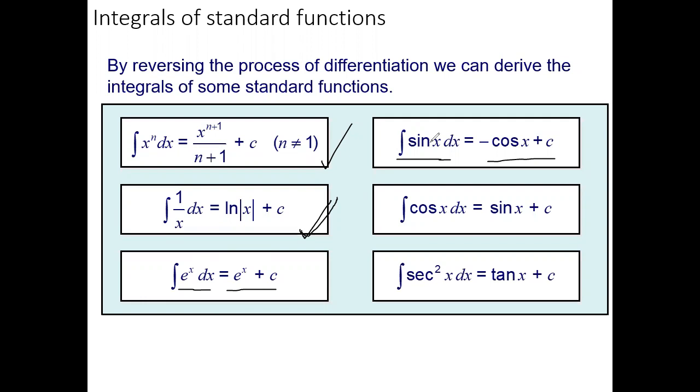Integral of sine x dx is negative cos x plus c, and then integral of cos x with respect to dx is going to be sine x plus c, and then integral of sec squared x with respect to x is equal to tan x plus c.